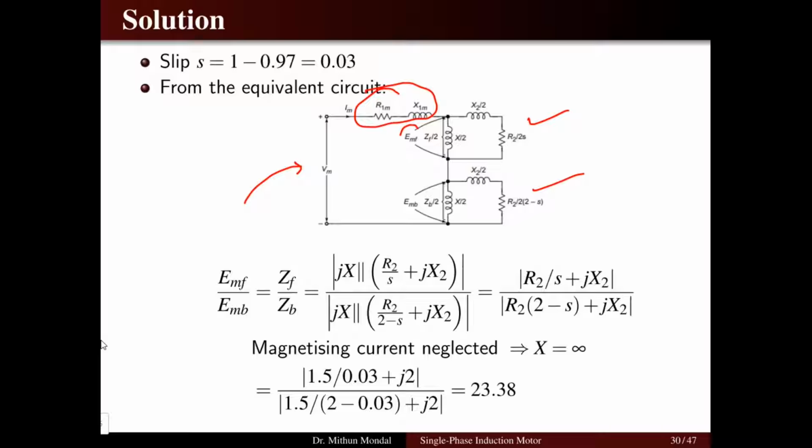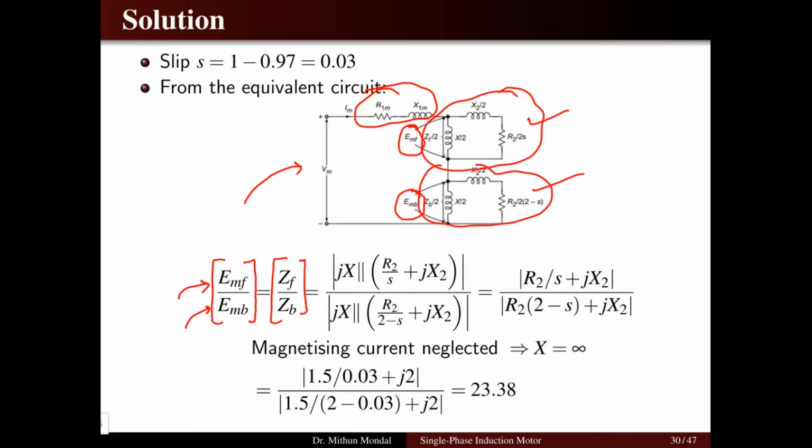And the EMF for the forward field and the backward field, we can obtain the ratio in terms of its impedances, ZF by ZB. So the ratio of these impedances, we can calculate for this part separately and this part separately and put it in this equation to get the ratio of the forward impedance by backward impedance.